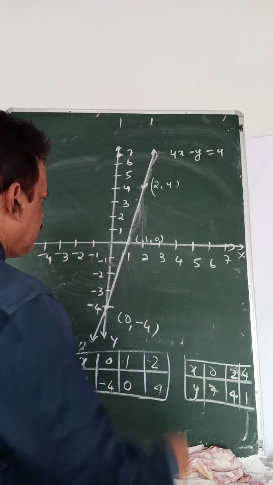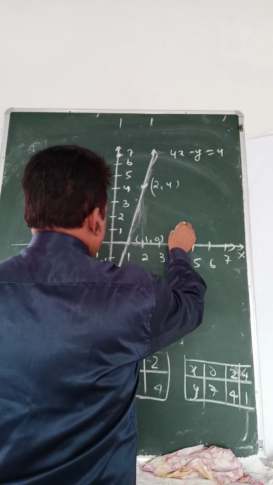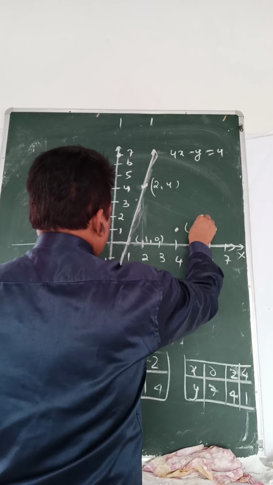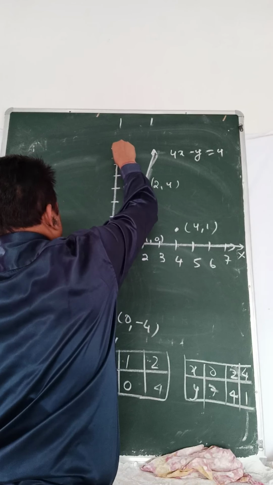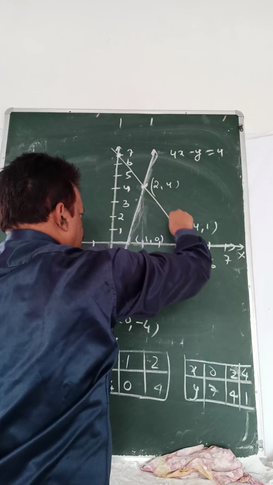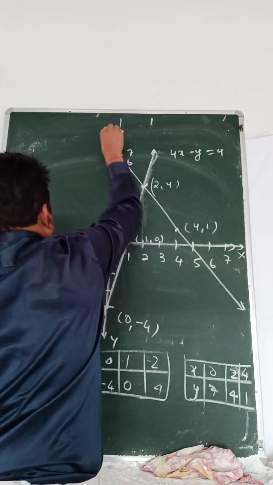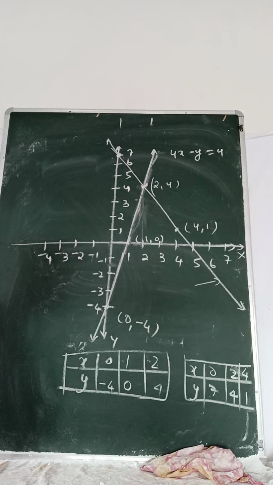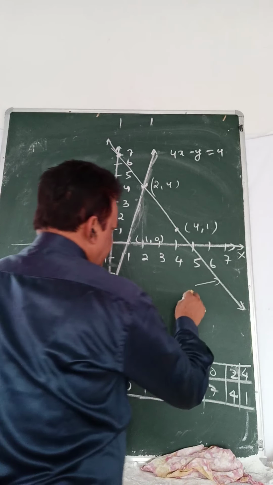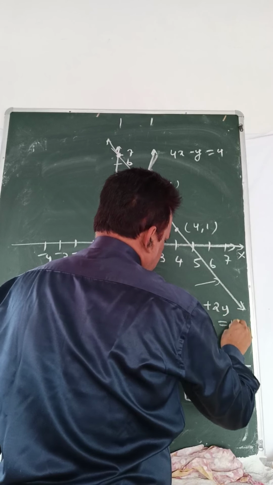Then (4, 1). 1, 2, 3, 4, 1. So 3 points you got. Now join these 3 points. This is your equation, and the name of this equation is 3x plus 2y equals 14.